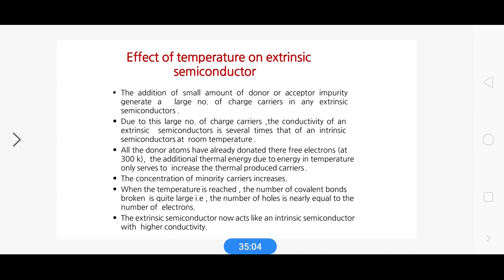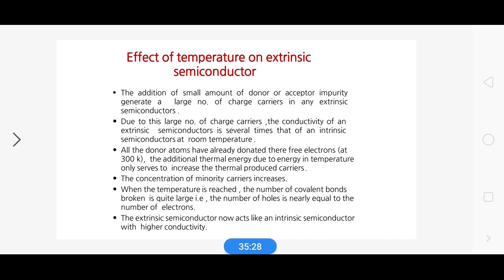By giving a small amount of donor type impurities, a large number of electrons and a smaller number of holes are generated. And by adding the acceptor impurity, a large number of holes and a smaller number of electrons are generated.